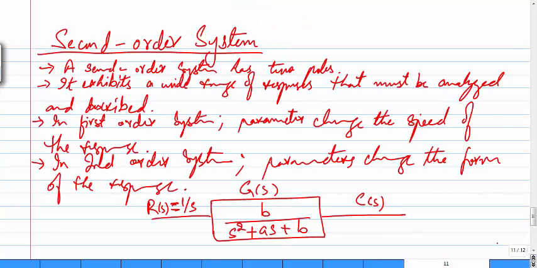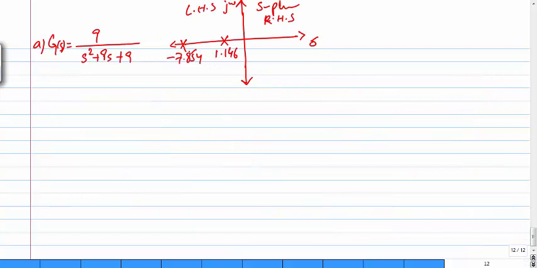If I go back for this equation, roots calculated is equal to minus a plus minus square root of a square minus 4b, divided by 2. So this is the relation from where you can calculate the roots value. If we use the same formula, we get this thing.